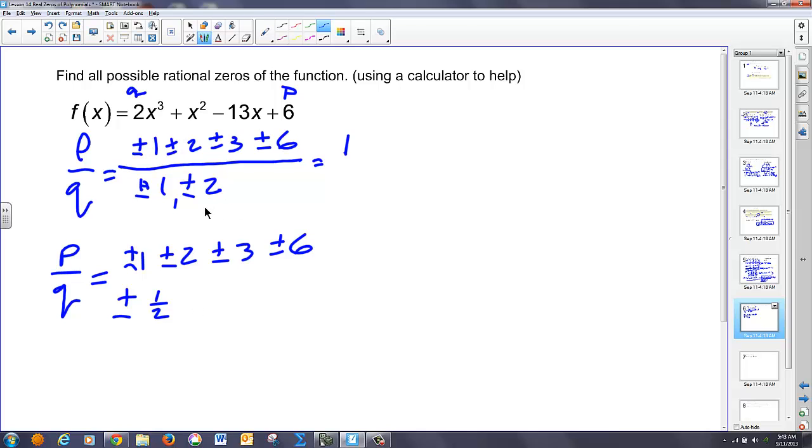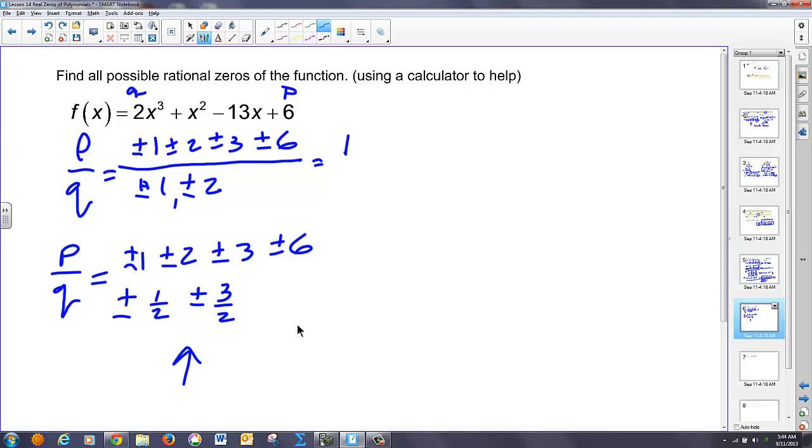If I go 2 divided by 2, that's 1, so I already have that. I get plus and minus 3 over 2, and that's taking the 3 and dividing it by the 2. And then if I go 6 divided by 2, I have 3, which is already in my p over q values. So if I were doing this the long way, I would have to check 12 actual pieces to see if those were possible zeros of the function.